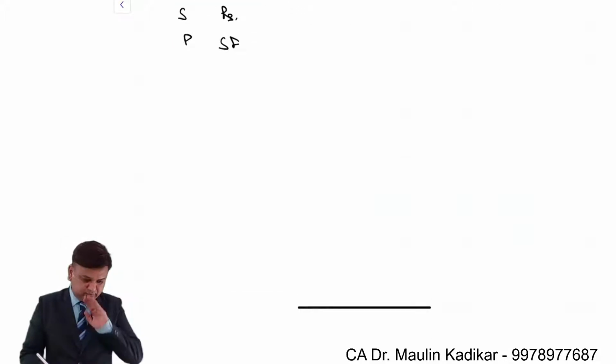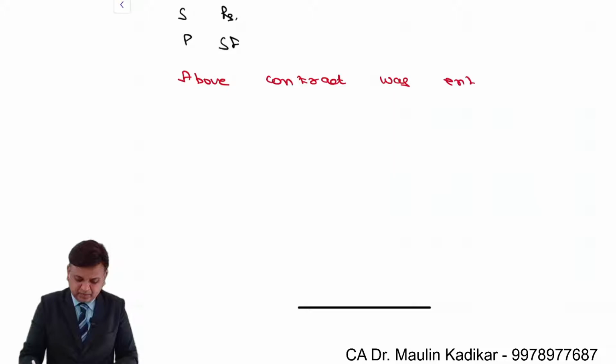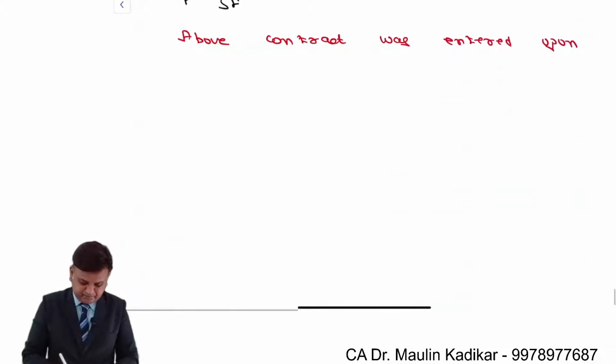With a paragraph, write down: the above contract was entered into before 2 months for 3 months.